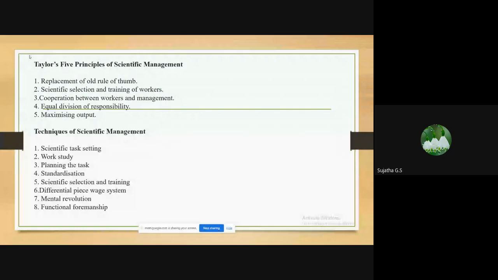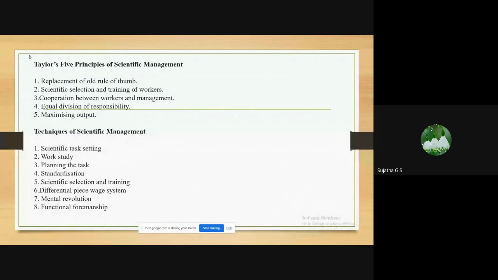Then techniques of scientific management: scientific task setting, work study, planning the task, standardization, scientific selection and training, differential piece rate system, mental revolution, functional foremanship. Scientific task setting means determining the fair piece of work which an average worker must do in a day.